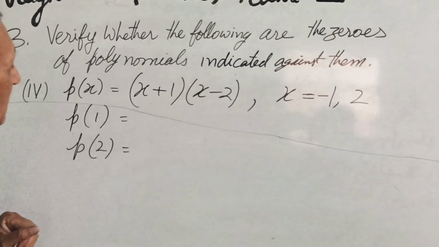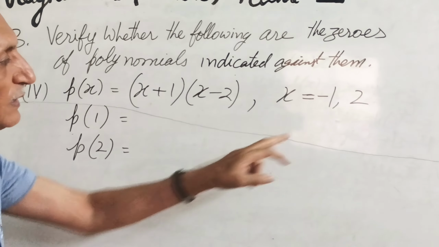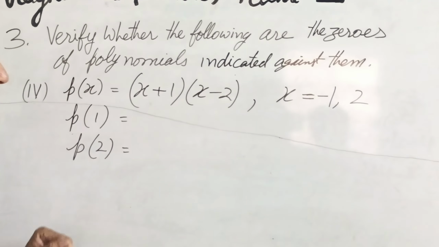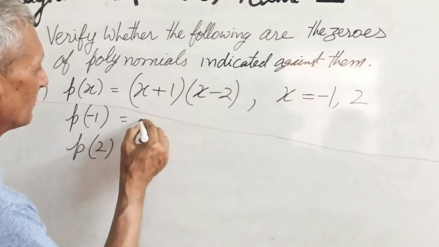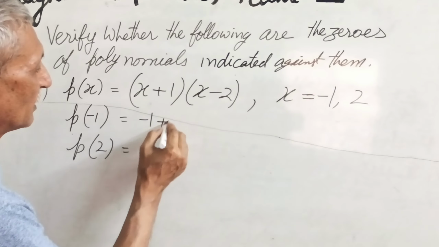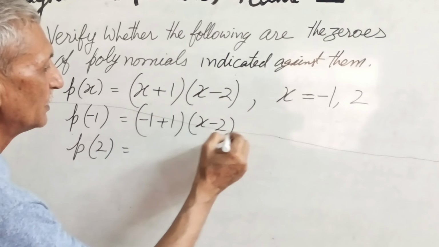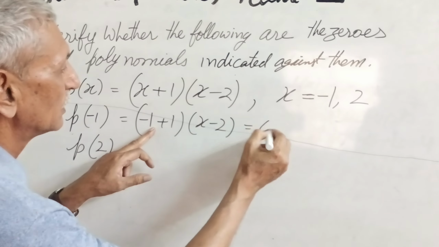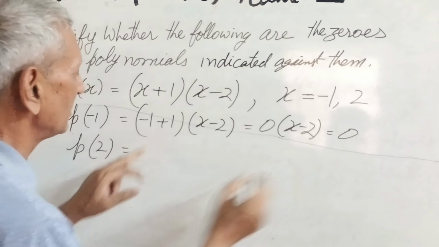Part 4, right? This is the polynomial. We have to prove whether this and this are the zeros of the polynomial. So let's take minus 1 first. When you put minus 1 here, minus 1 plus 1 into x minus 2, this will give you 0 into x minus 2, that should give you 0.